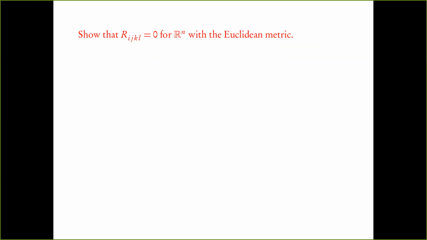Remember, the Euclidean metric is the Euclidean metric coming from Rn as a metric space, and I am using that also as a Riemannian metric on the Riemannian manifold Rn. So in either case, you can show that Rijkl is 0. That either follows from the previous formula, because the Christoffel symbols are 0, so when you differentiate and multiply you get 0, or it follows directly by calculating the Riemann curvature tensor. Okay? But either way, you should know how to show that this is 0.